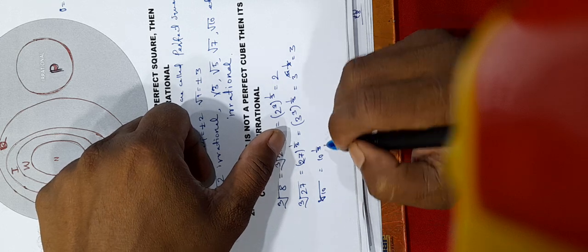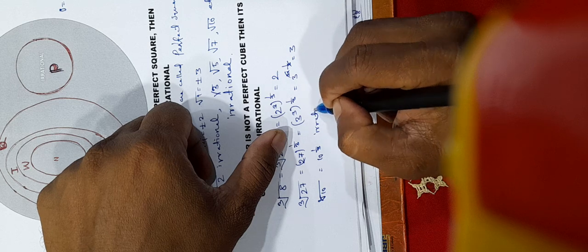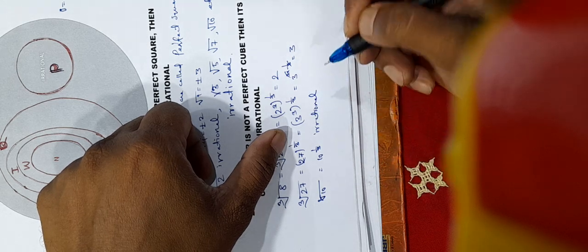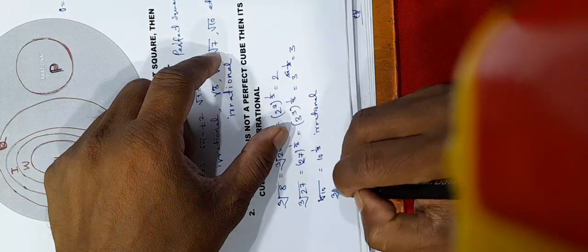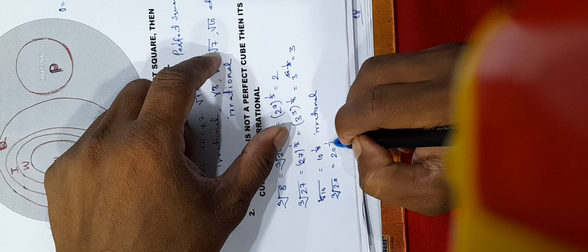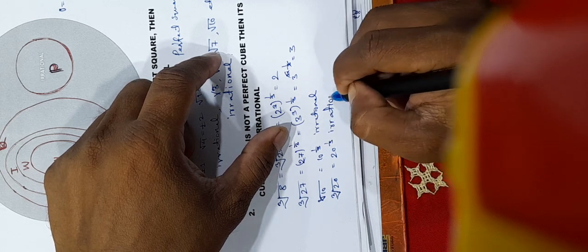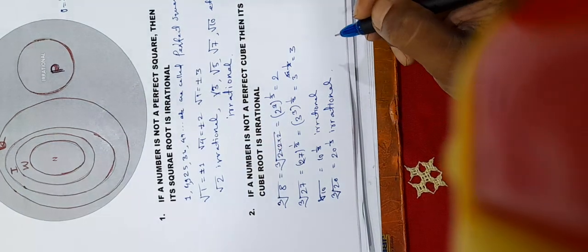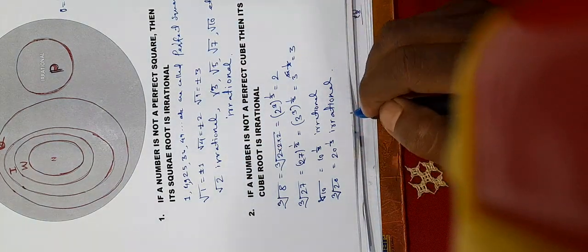That means cube root of 10 is irrational, right? Similarly, cube root of say 20, 20 to the power 1 by 3, is irrational, right?